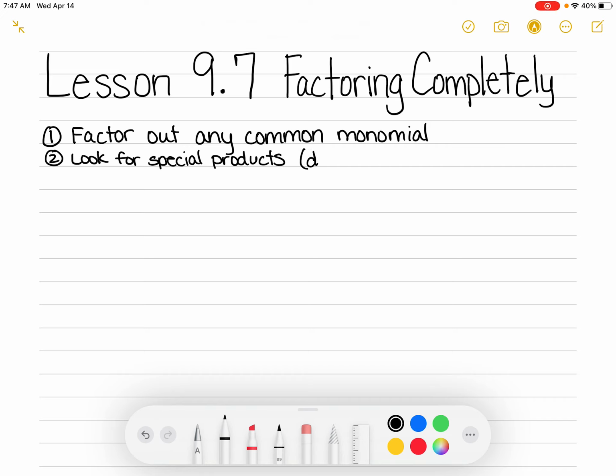Okay, so let's put those down. Difference of squares, perfect squares. Remember, perfect squares, you need to square the parentheses. Okay, and then number 3, you're going to continue factoring.